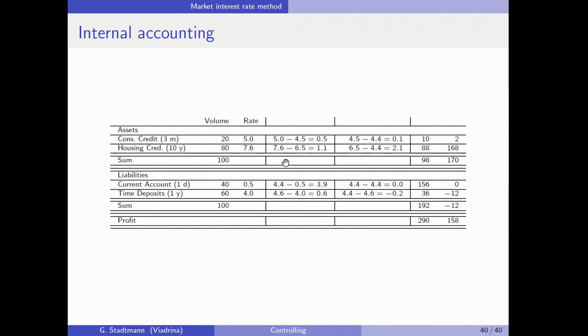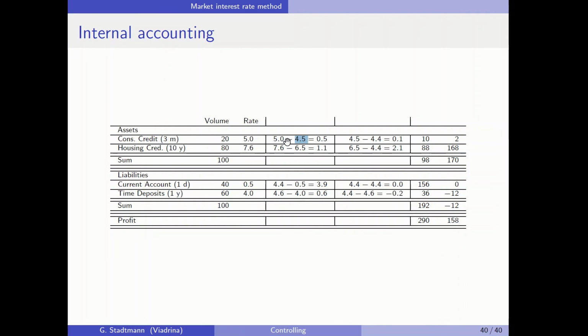So here it is the case that consumer credits have a 3-month maturity. The bank is earning an interest rate of 5%. In case that the bank would have sold this liquidity at the money market, it would have received only 4.5%.